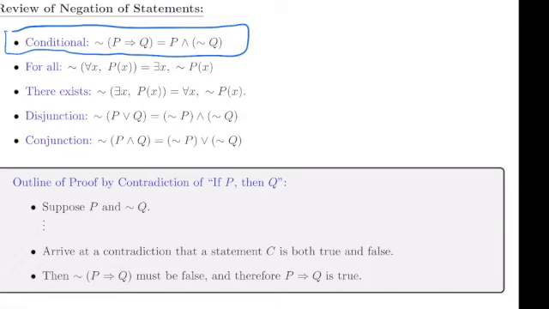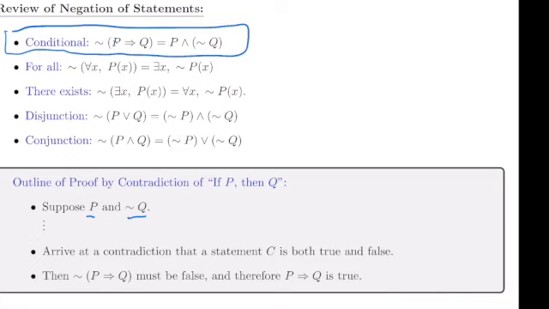So it just might be helpful to review how you negate statements. If we're trying to prove a conditional statement by contradiction, then the way that we negate an implication is by assuming the hypothesis is true and the conclusion is false. That's the only way the conditional statement is wrong.